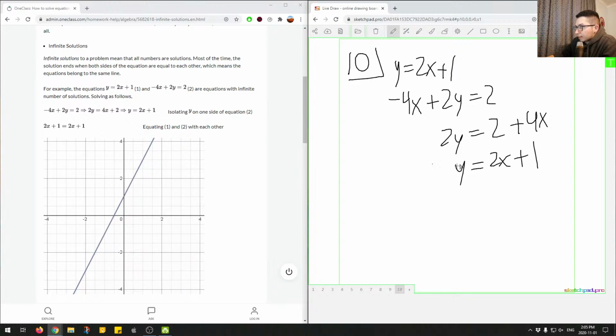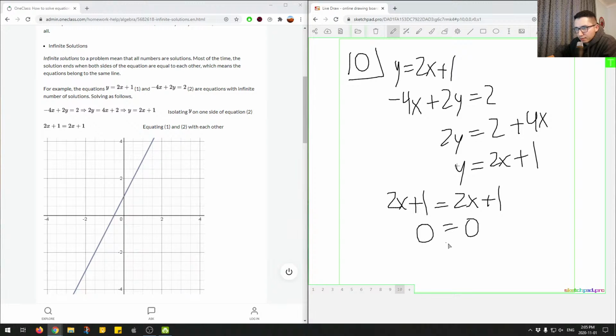So we can see that this equation is identical to this equation. If we set them equal to each other, we end up with 2x plus 1 equals 2x plus 1. You could also say that 0 equals 0 if you subtracted 2x plus 1 from each side. So this is another indication that you have an infinite number of solutions.